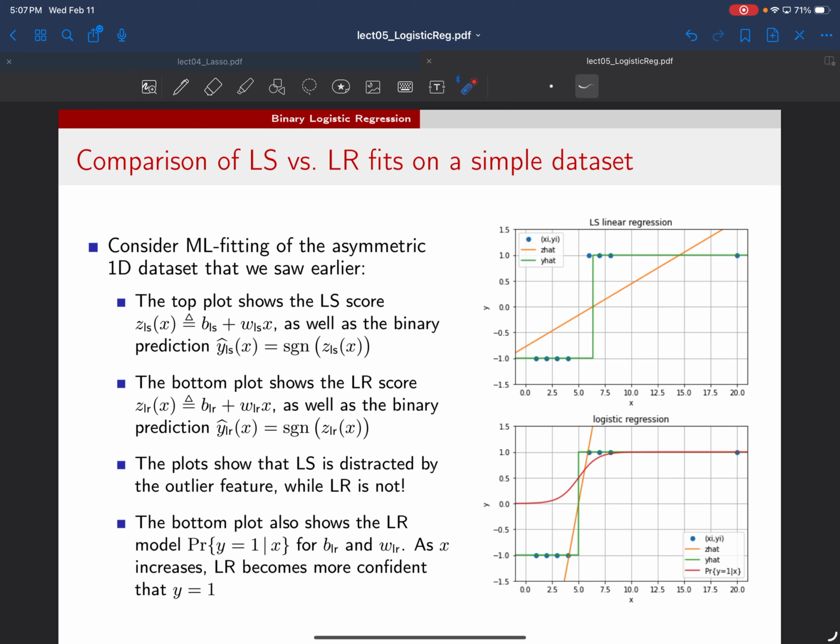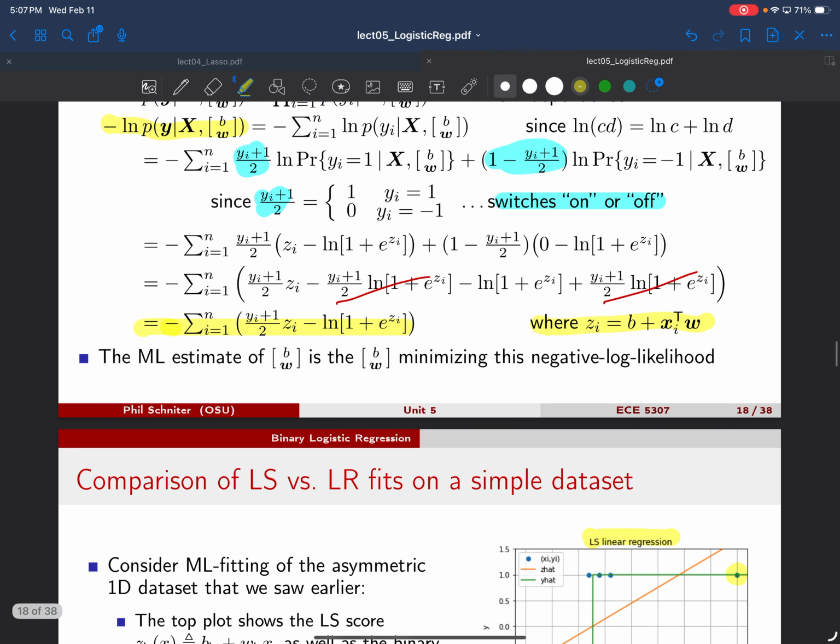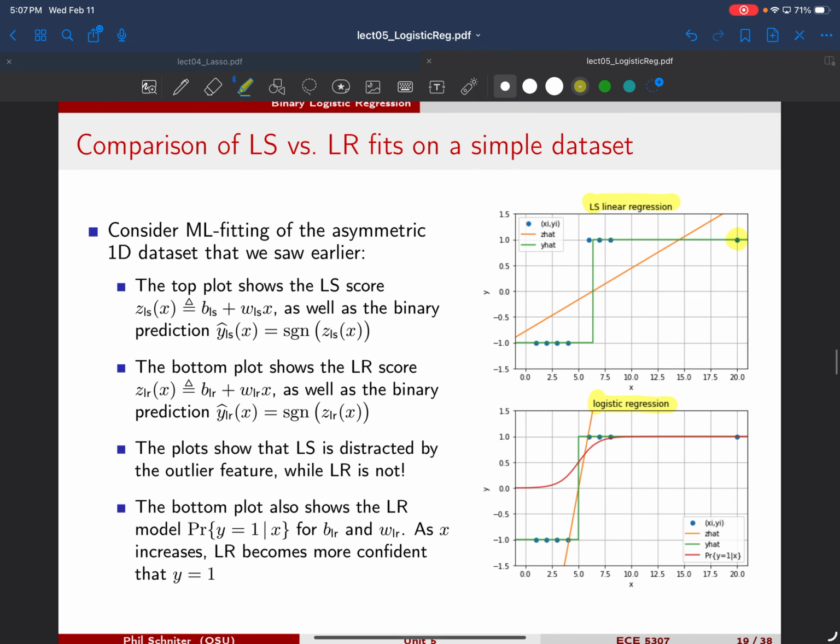So now let's go back to our simple data set. This is the one-dimensional case. This is least squares linear. This is the plot we saw before, where we move this point out, and consequently, we saw that the trained regressor is making a mistake on that data sample. But now with logistic regression, we minimize this thing in software, and we take the computed parameters and plug them in.